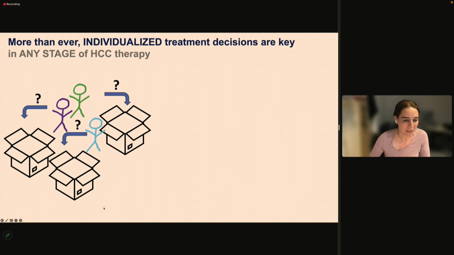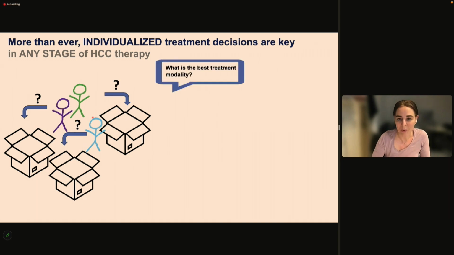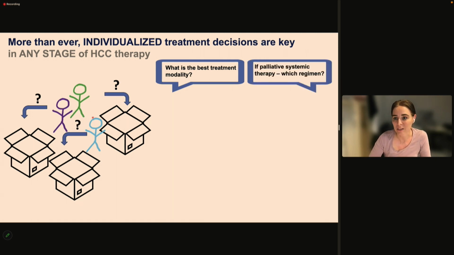So what I'm trying to say here in this little drawing of mine that is not that sophisticated is that I find it hard to put HCC patients really into pre-labeled boxes. And I think for each and every patient, we have to ask ourselves, what is the actually best treatment modality for our individual patient?